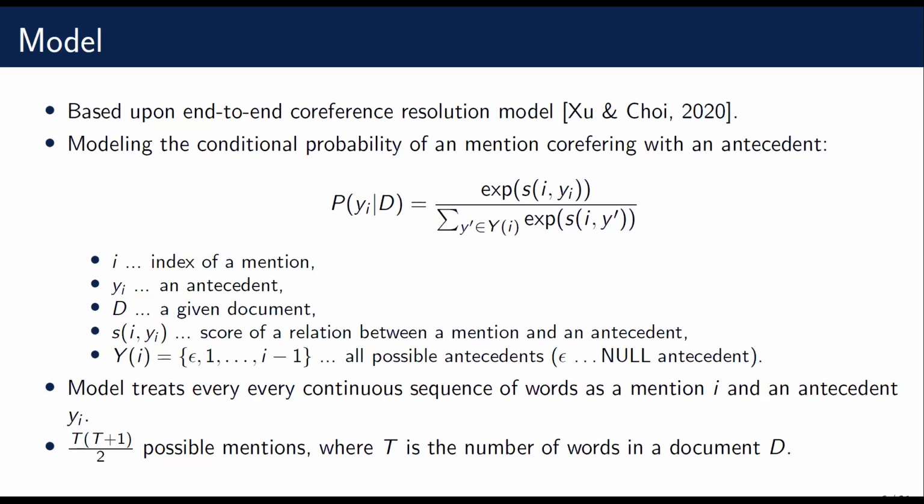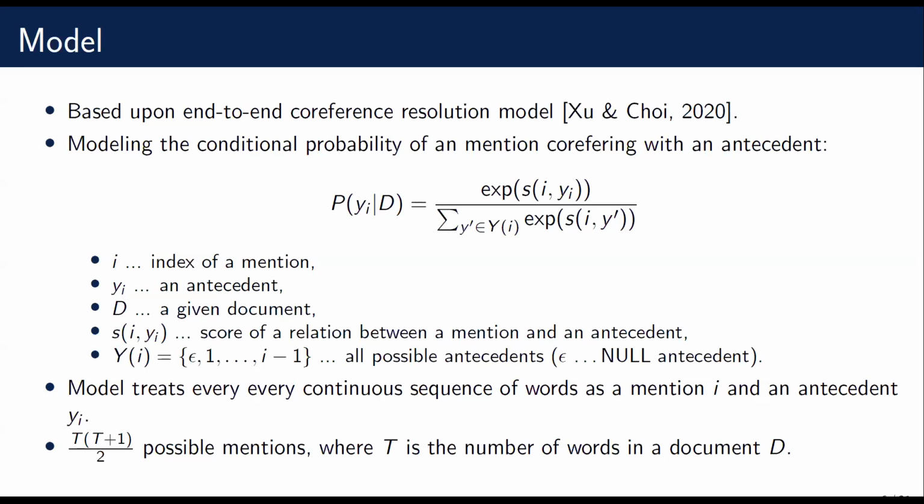Maybe now it's a good time to say what all possible antecedents or all possible mentions are, because we iterate through these items. In this model, we don't know what the mentions are. We don't try to find them like in other, two-phase approaches. We use an end-to-end approach that jointly models the mentions and relations together.